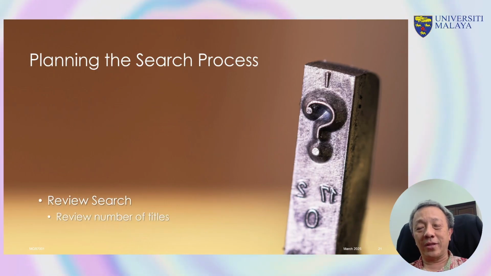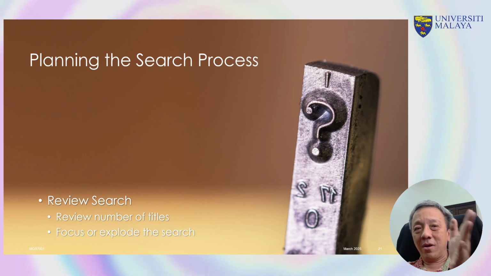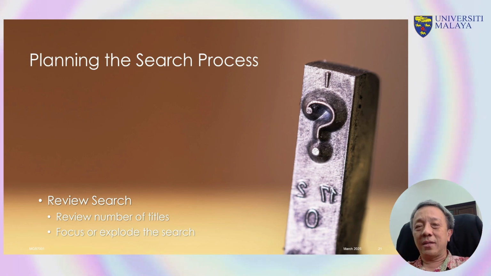When you have received the results, you need to review the number of titles. You can either focus or expand your search. Focus means that you have a more focused, narrow search to look at more in-depth, more specific areas.